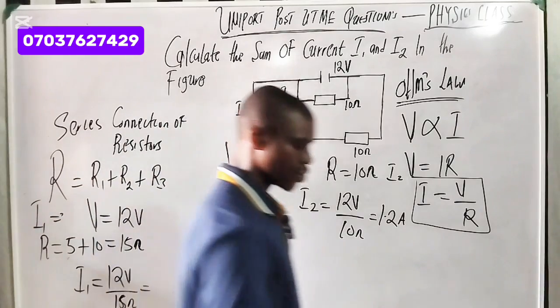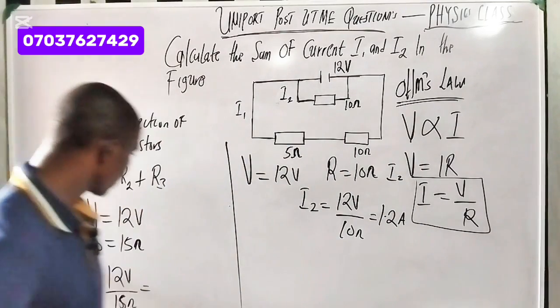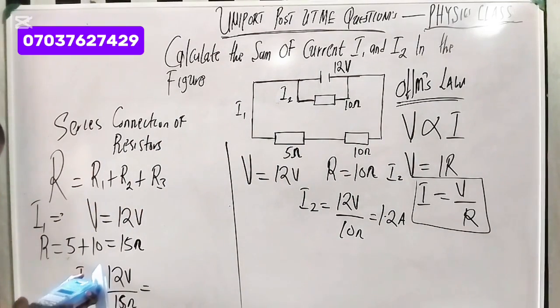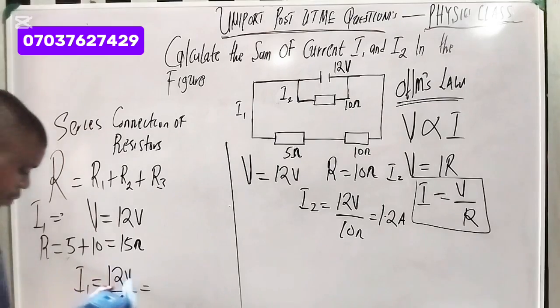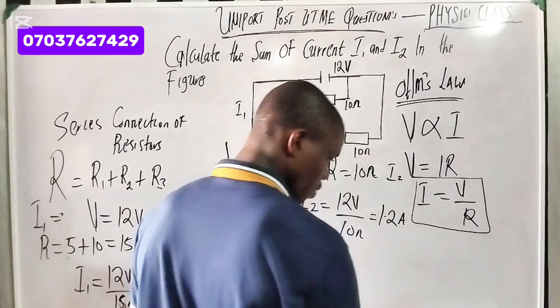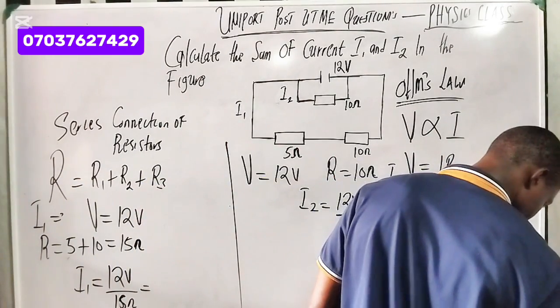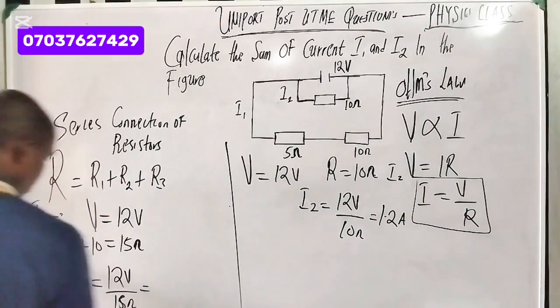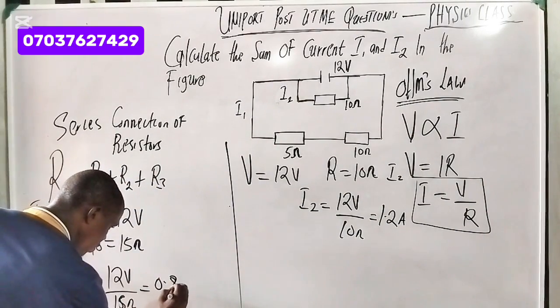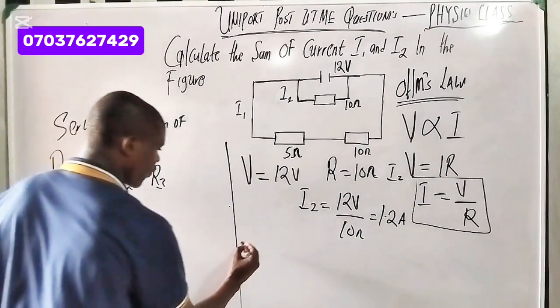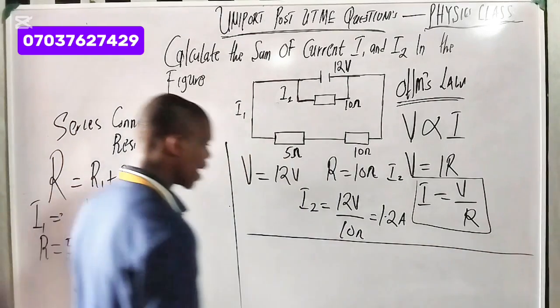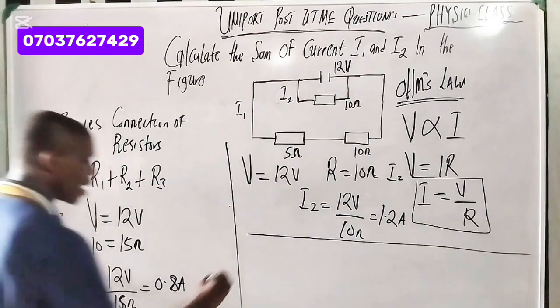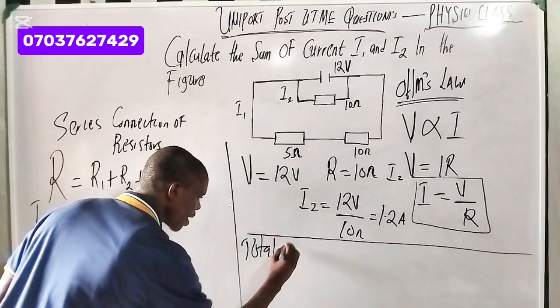Let's use our calculator to get our answer. We have 12 divided by 15, which is 0.8 amperes. So from here, we can calculate the total current.